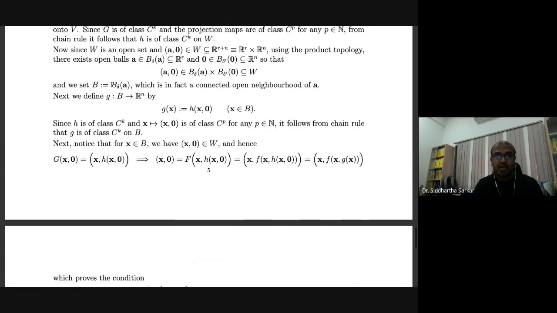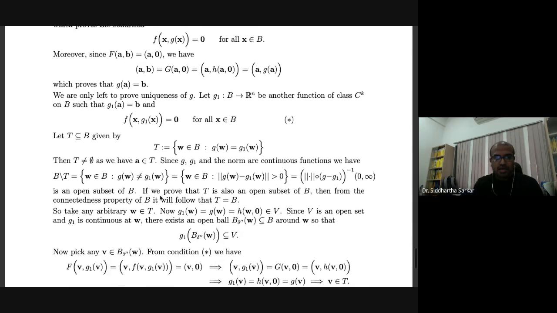So this is what I am going to need. Remember, I have chosen B to be an open ball around a. And it's a fact from topology that this is a connected open set. Okay, so this connectedness of this open set I'm going to use over here.